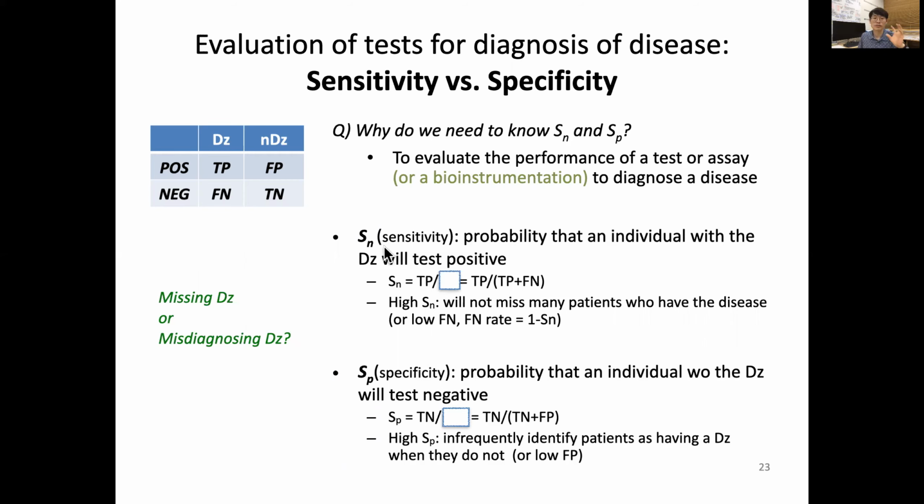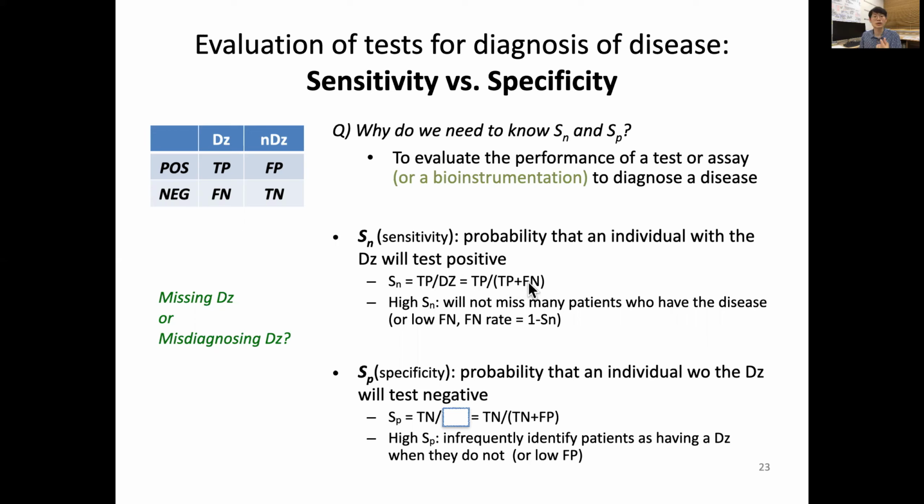The definition of sensitivity is the probability that an individual who has a disease will test positive. How do we define sensitivity? It is the number of true positives among those who have the disease. So sensitivity only matters for a population who have the disease, and disease is composed of true positive plus false negative. From this formula, you can see higher sensitivity means low false negative.